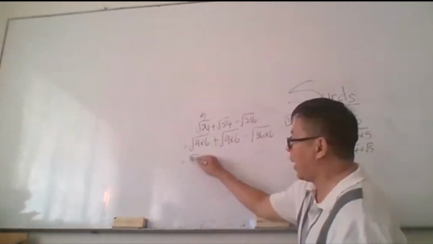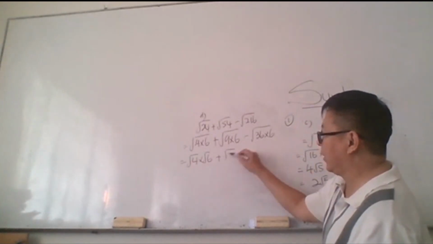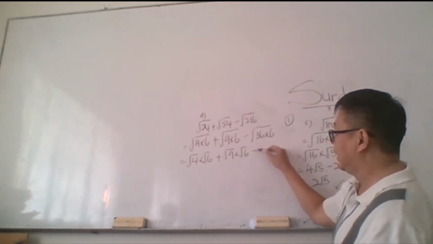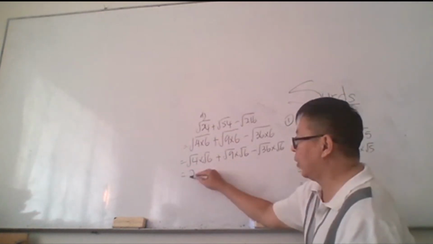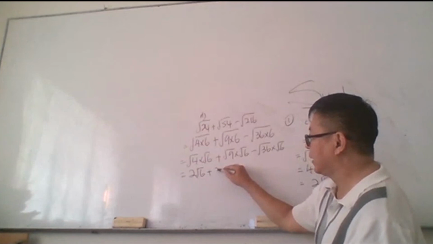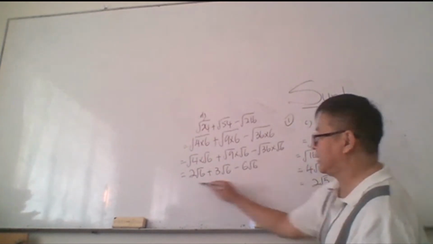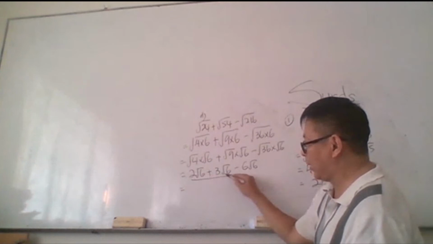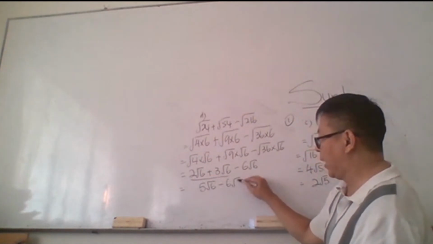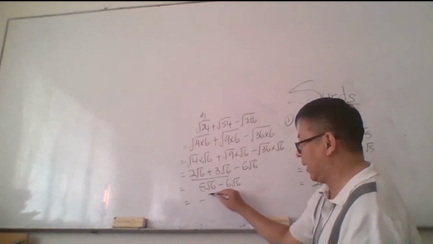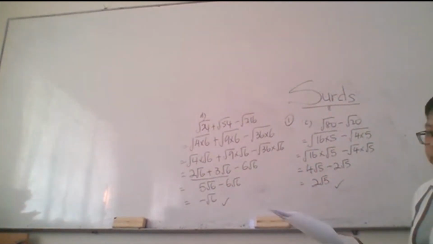So square root 4 times square root 6, square root 9 times square root 6, minus square root 36 times square root 6. So this will be 2 square root 6 plus 3 square root 6 minus 6 square root 6. These two add together, we got 5 square root of 6 minus 6 square root of 6, and then you will get negative square root of 6. So for that, simple.